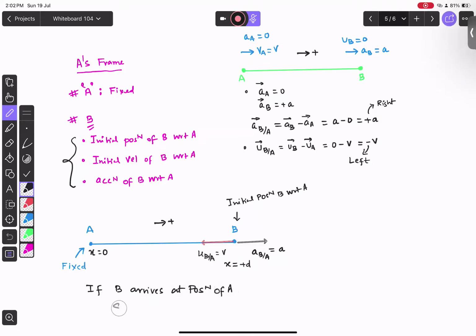what will the displacement of B with respect to A be? The initial position of B with respect to A is plus t. And what is the final position of B with respect to A? It will be at A only.